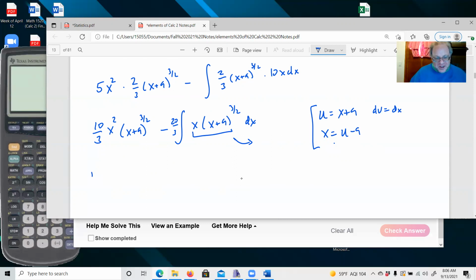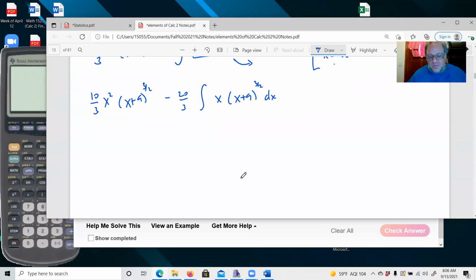So here we have 10/3 x squared times (x plus 9) to the 3 halves, minus 20 thirds times my integral, x plus 9 to the 3 halves dx. We can think about this almost as a brand new problem.